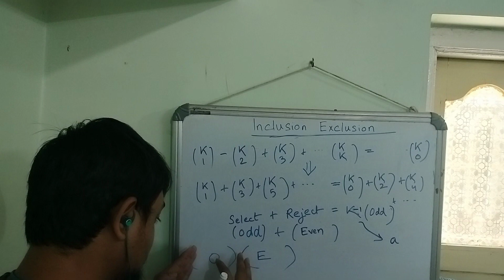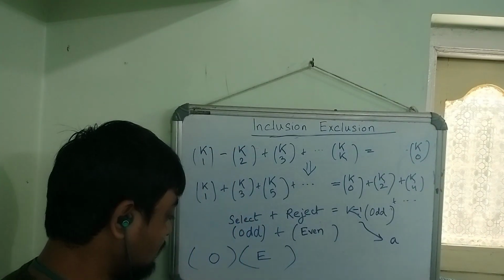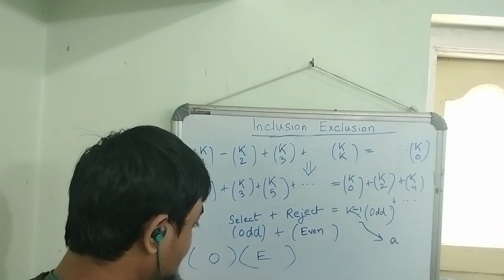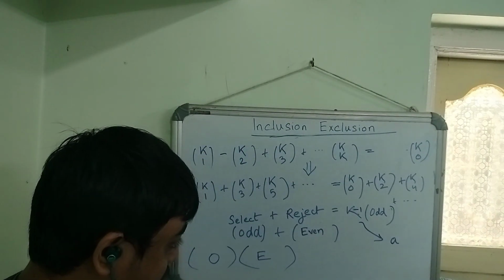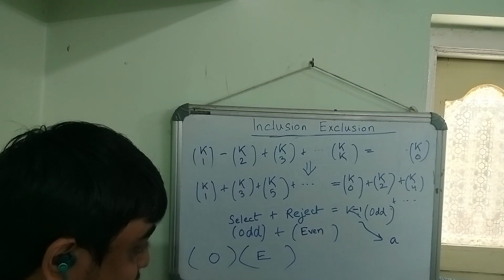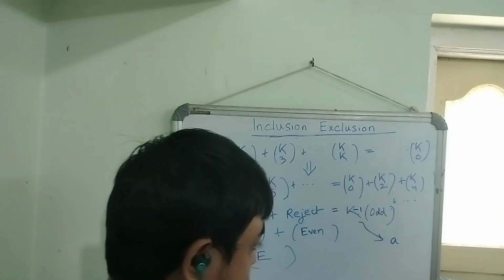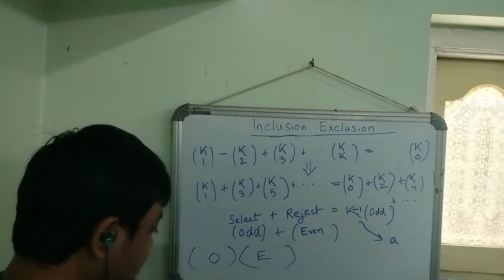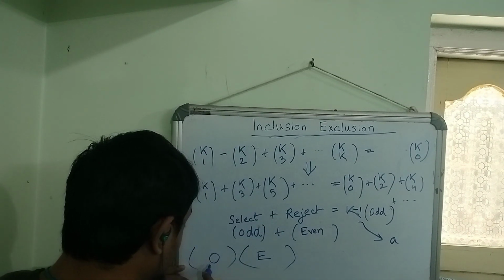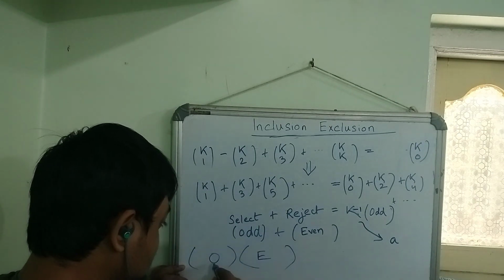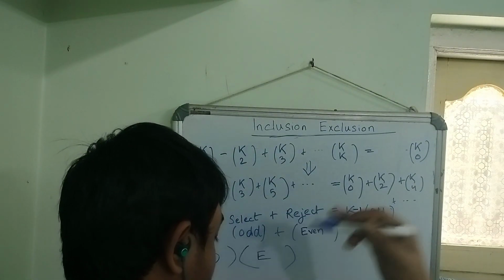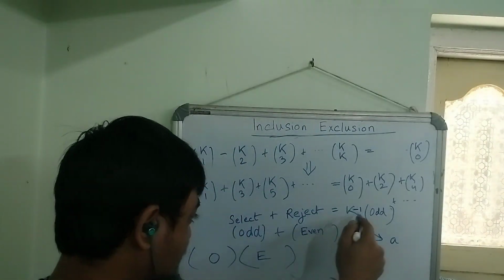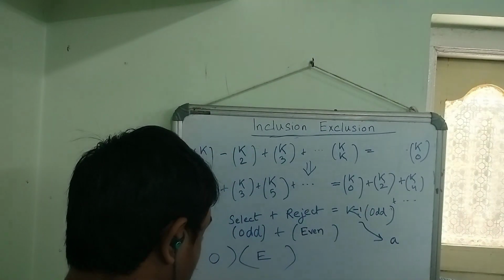But in all these subsets, we don't have A here. So these are not all the subsets of k. So what to do now? But these are all equal, right? The number of odd subsets and even subsets are equal. We already showed in the previous way that odd subsets and even subsets go hand in hand if k is odd. Here k minus one is odd.